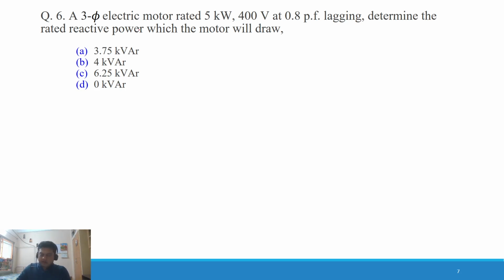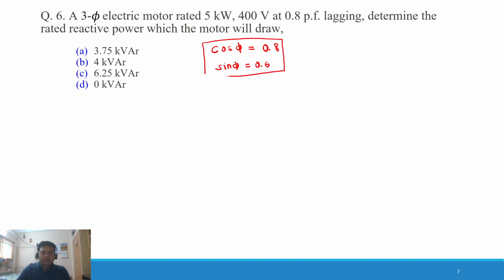Before that I would like to tell that very basic trigonometric relations are used here, that is if cos phi is given as 0.8, then sin phi will be 0.6. This is very useful and needful.